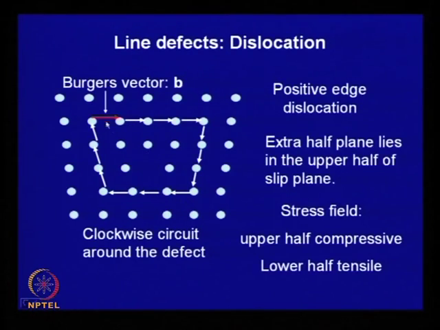So, to move this dislocation from one end to the other side, you do not spend much energy. That is why, by assuming the crystal contains a line defect called dislocation, it is possible to explain why the shear stress required to cause slip is so low.